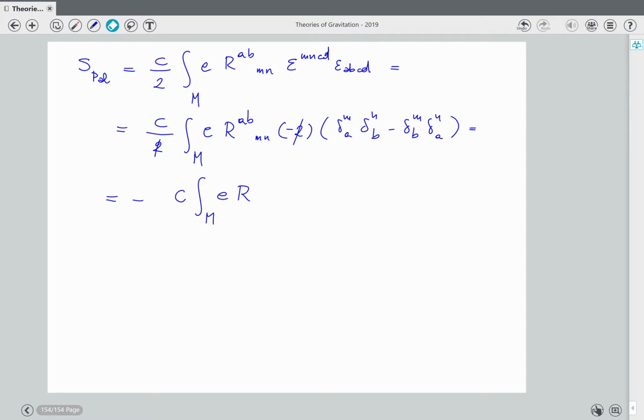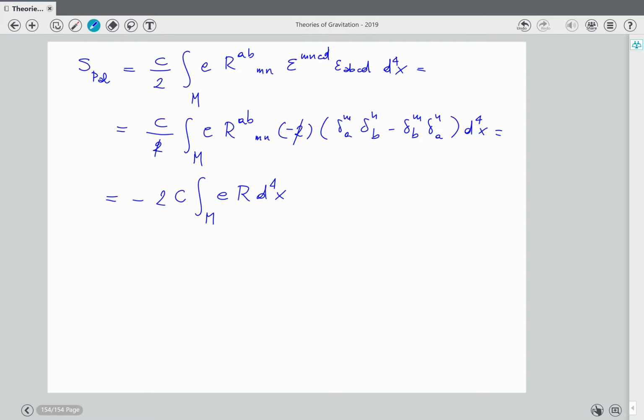And I forgot d⁴x, which can be left understood now, but for the moment, let's write it explicitly. When you contract the other way, you get again the Ricci scalar, because this is anti-symmetric in M and N, so you have twice the same contribution.